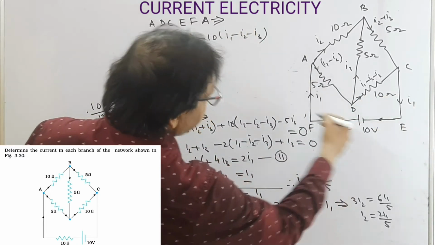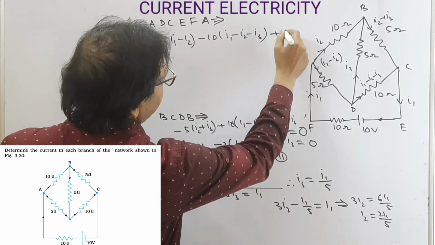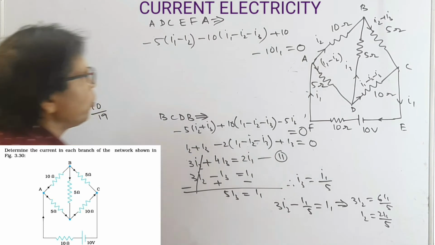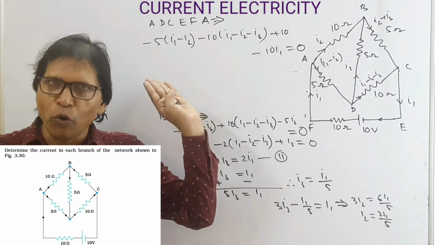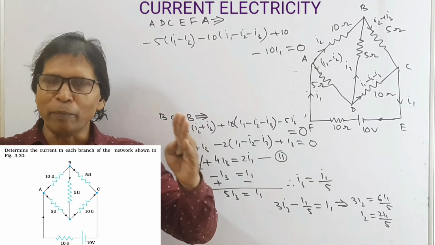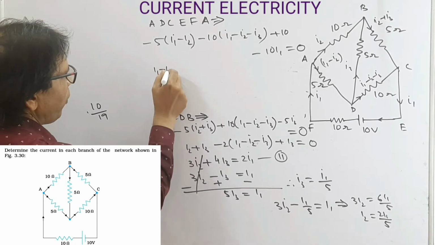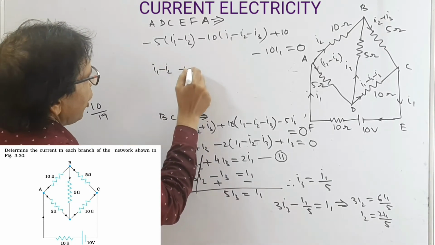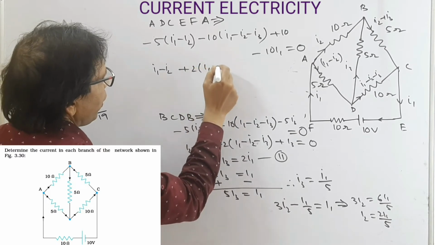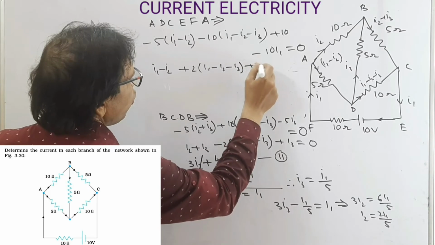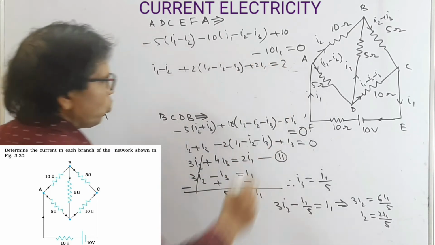And this is plus 10, and this is minus 10 I1, this equal to 0. Now dividing the whole equation by minus 5, you get I1 minus I2 plus 2 into (I1 minus I2 minus I3) plus 2I1, this equal to 2.